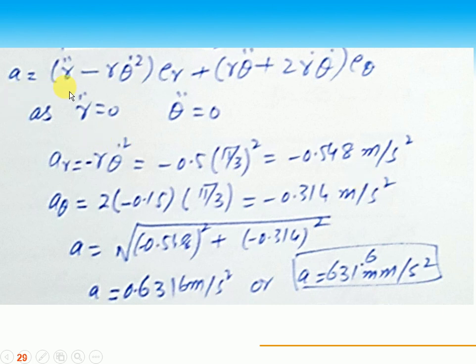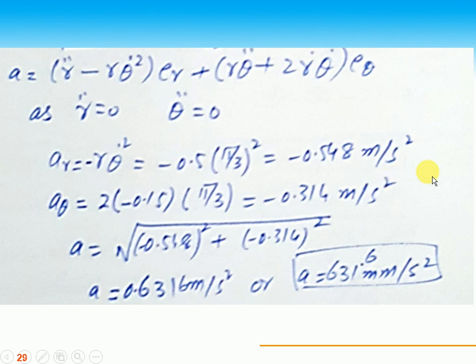So we need to find the acceleration now. We know that it has a radial component and a theta component. We have already discussed: r double dot and theta double dot are 0, because r dot is 150, whose derivative is 0, and theta double dot is given as 0. So a_r is equal to, we have only minus r theta dot square. We know the value of r, we know the value of theta dot. We put this in, we get minus 0.548 meter per second squared.